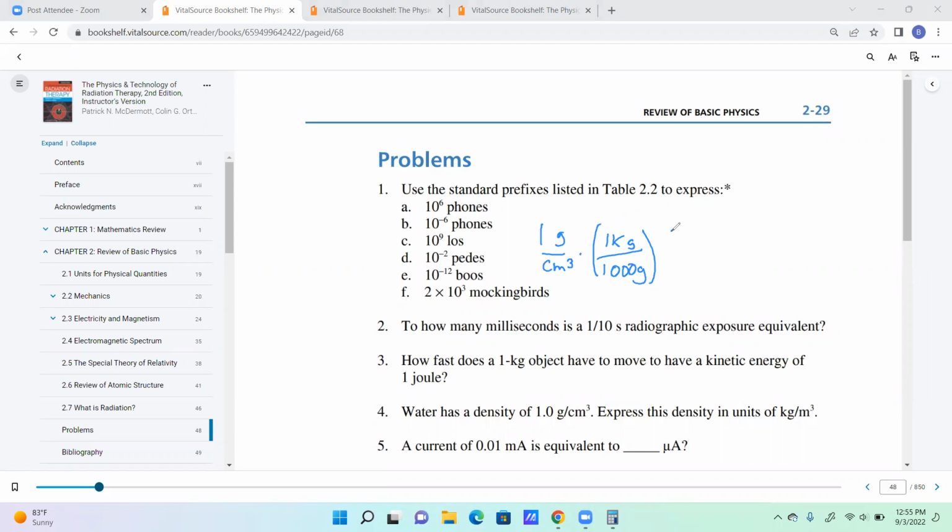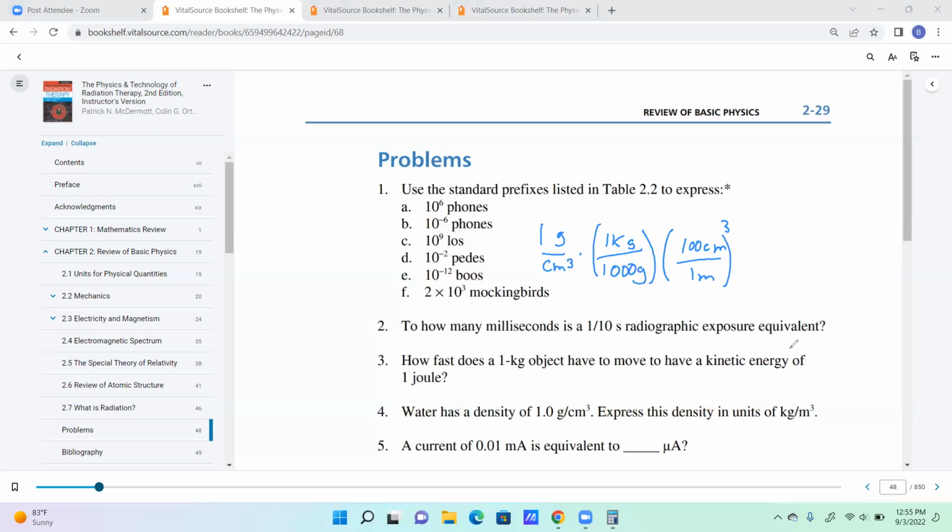Now, let's try. Yeah, I got a little bit more room here. Now, I need to be able to get rid of centimeters cubed, and all I've got here is centimeters, so I need to cube this relation.